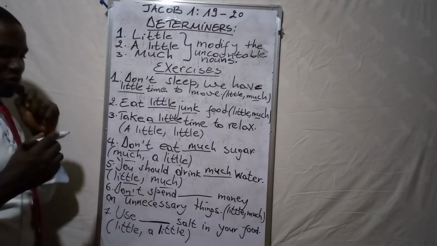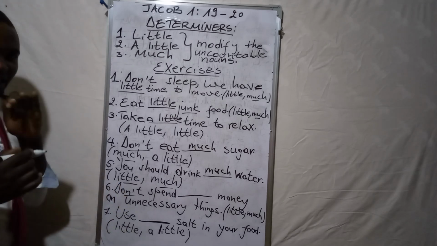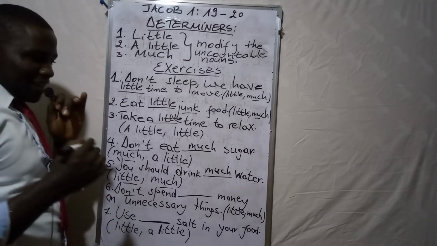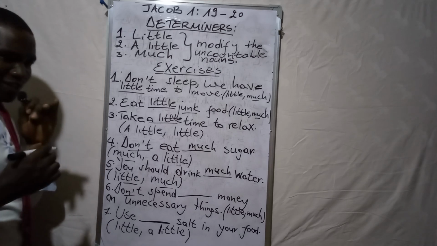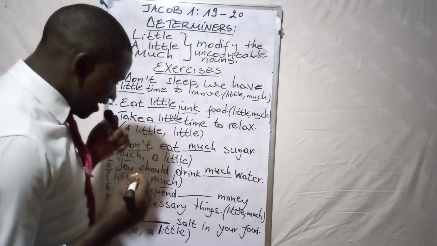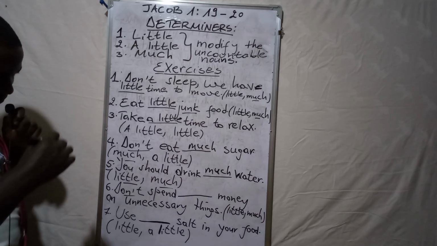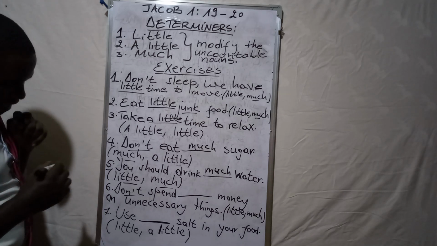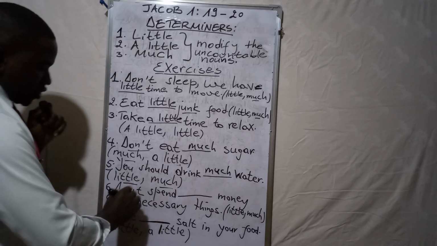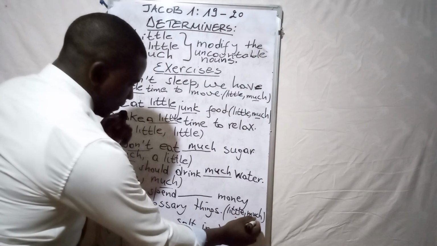When you have money, you can't mismanage it. You have to manage your money properly. If you don't manage your money, you will lose. It's better to manage your money properly without mismanagement. So this one will be used: don't spend little, no, much.